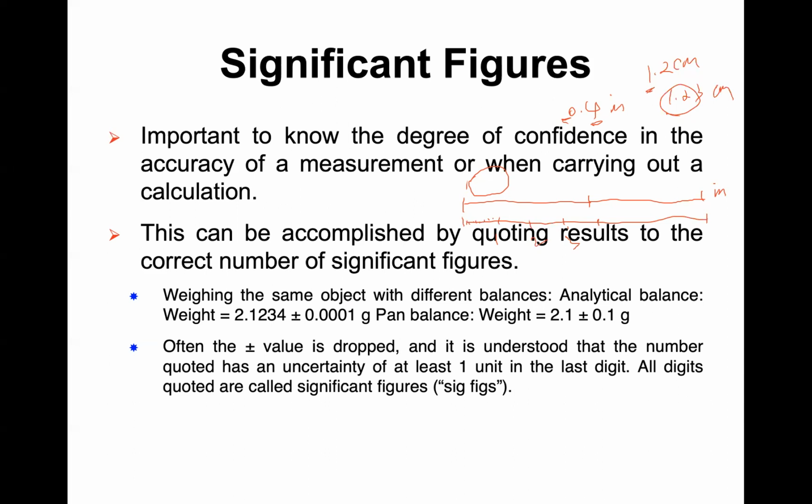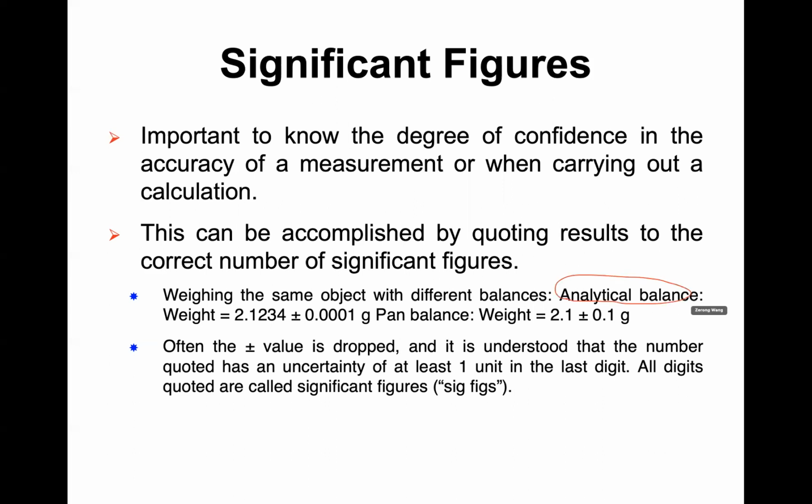More examples are shown here, the same object measured with different balances. In the lab we have two kinds of balance. One is called the analytical balance. An analytical balance typically provides numbers to 4 decimals, with a confidence level of plus or minus 0.0001 grams.